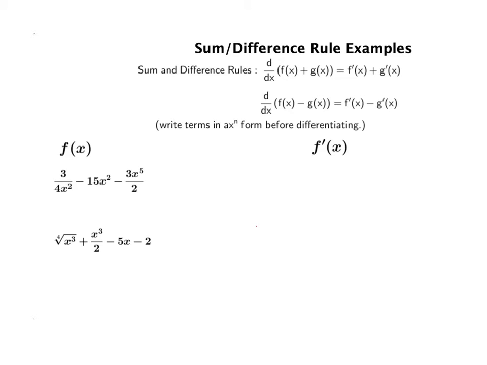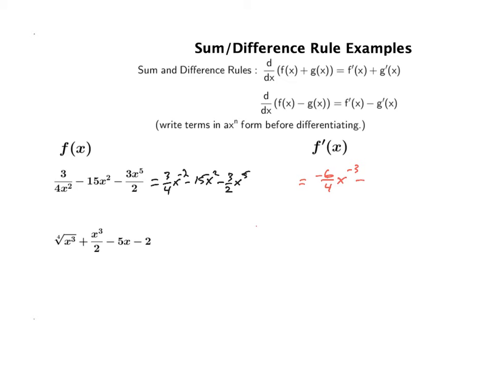So our first example, I'm going to first rewrite. So I can write that first term as 3/4 x to the negative 2. And this third term I can write as 3/2 x to the 5th. So my derivative, now using the power rule, negative 2 times 3/4, that's negative 6/4 x to the negative 3.